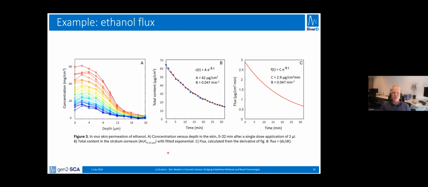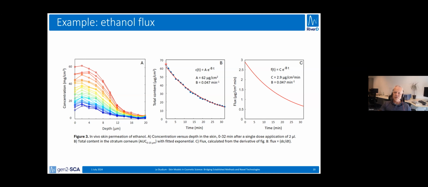Here's another example where we applied a disinfection cream with a high percentage of ethanol to the skin, and we simply followed it for half an hour. So we applied it for, I think, 5 minutes, and then we simply followed what happened to the ethanol in the skin over a period of half an hour.